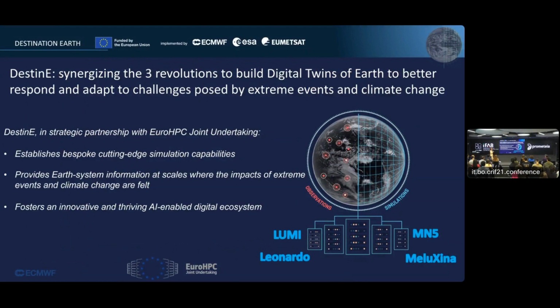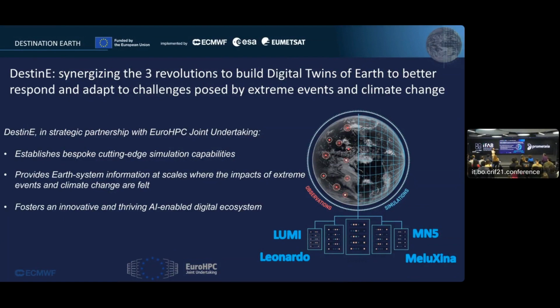Just to finish, an advertisement of where we are taking it. So I mentioned what we are doing with our member states, but we're also working very much with Europe, not only for Copernicus, but a new program called Destination Earth. And in Destination Earth, we are running these very high resolution physical models. We are running them on the EuroHPC machines, in particular LUMI in Finland and Leonardo here.